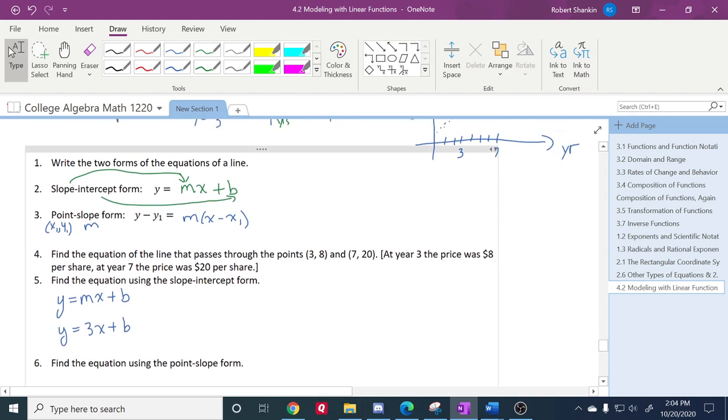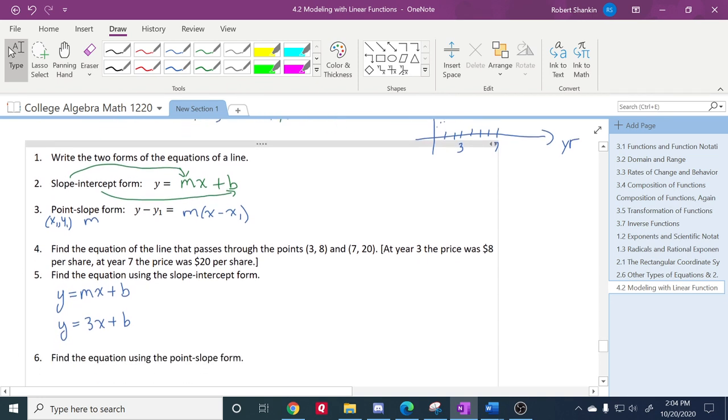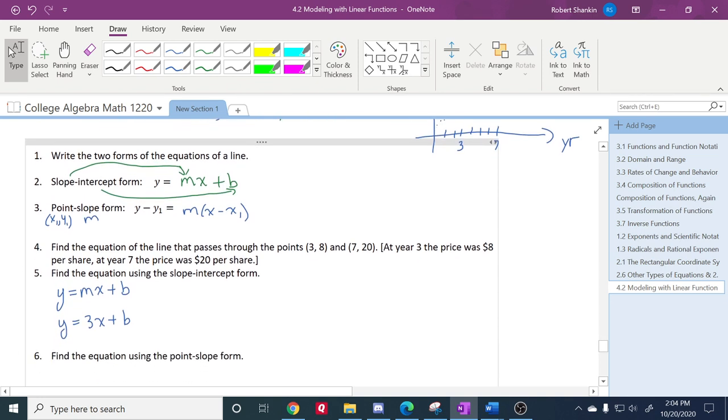Now, besides using a graph and coming up with an approximation, we could also get the exact value of b if we notice this relationship. There were 4 different letters that we didn't know in the first equation: x and y and m and b.